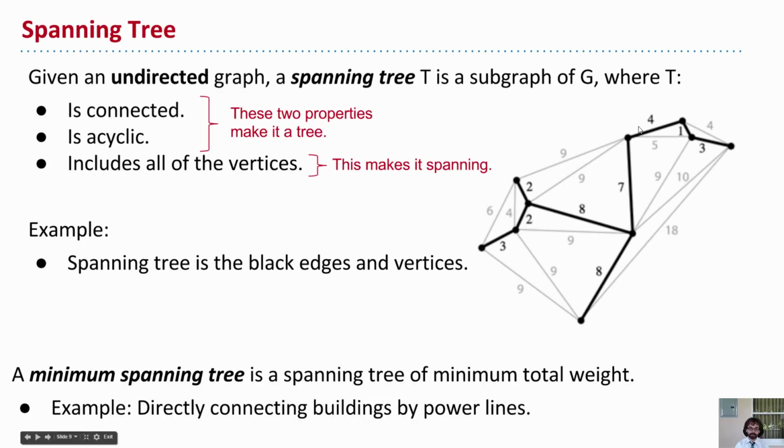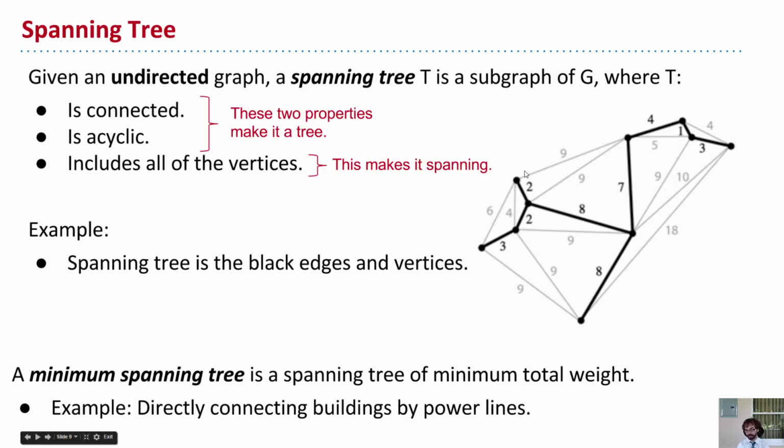It's acyclic. Well, that means that there are no cycles. And it turns out that makes this object we're constructing a tree, right? If you have a connected acyclic graph, that thing is a tree. Okay? So those are the two properties that make it a tree. And then it also has the property that it includes all of the vertices. Okay? And that makes it spanning. That is, it spans the entire graph.